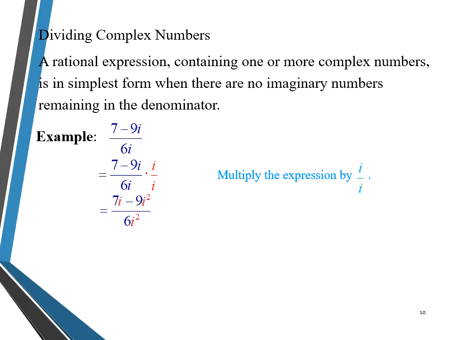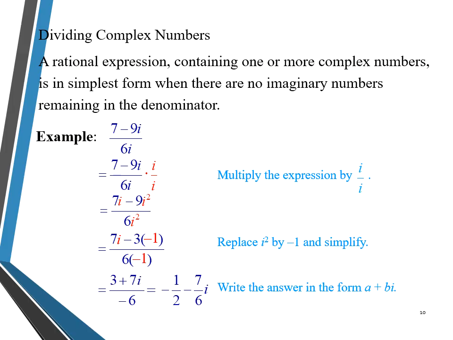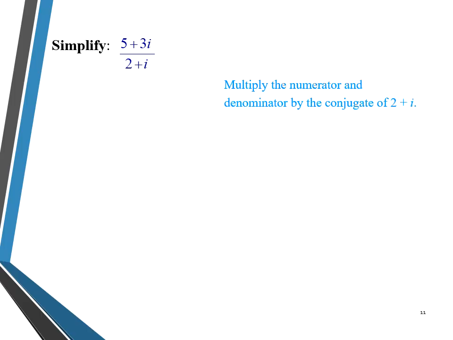Distribute, and then simplify. Now here, to get rid of i in the denominator, we have to multiply by the conjugate of 2 plus i.